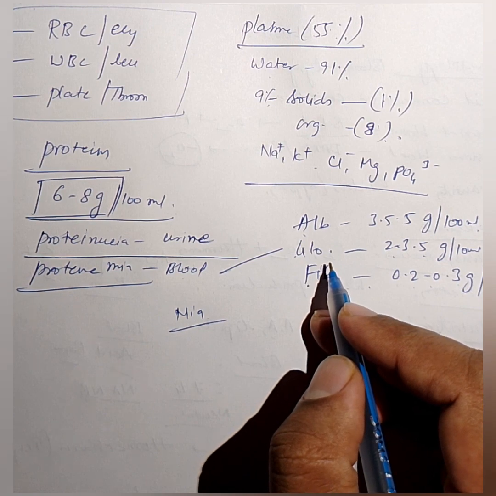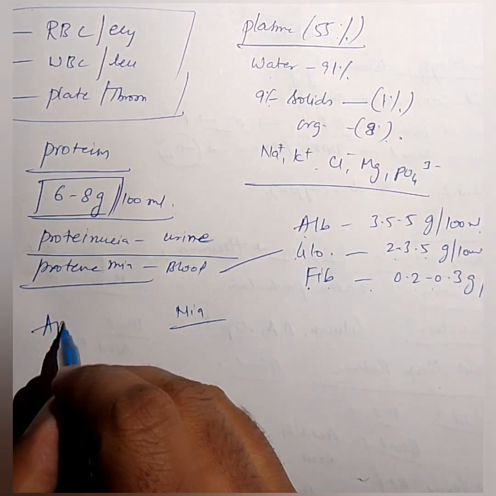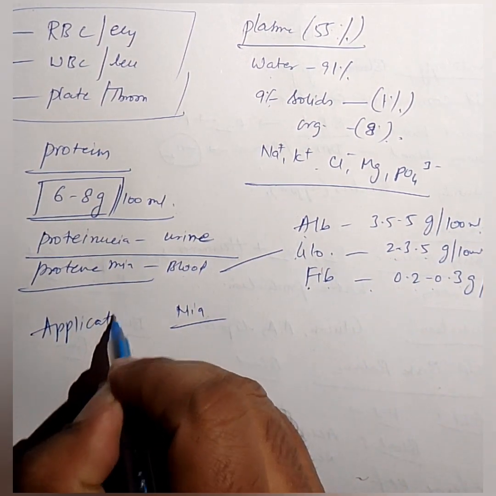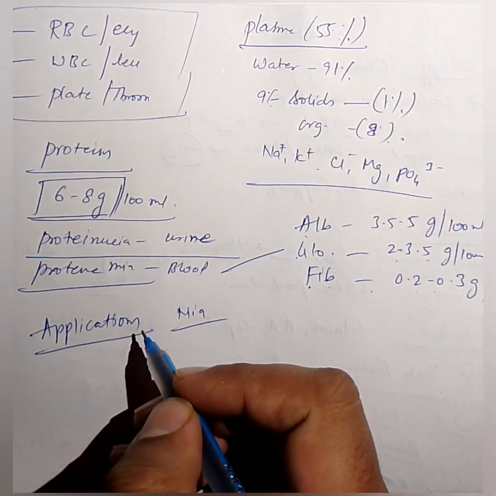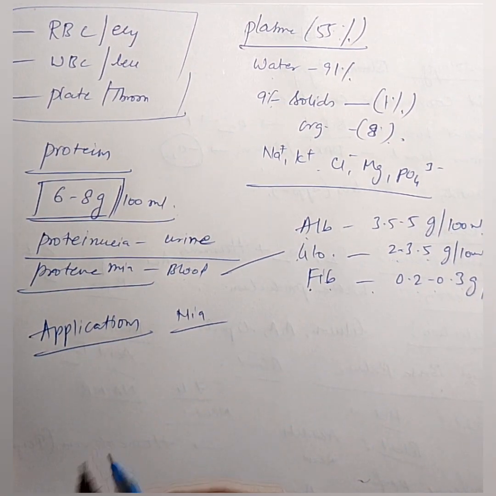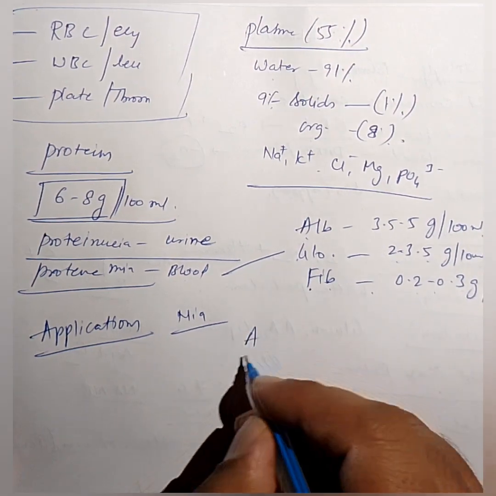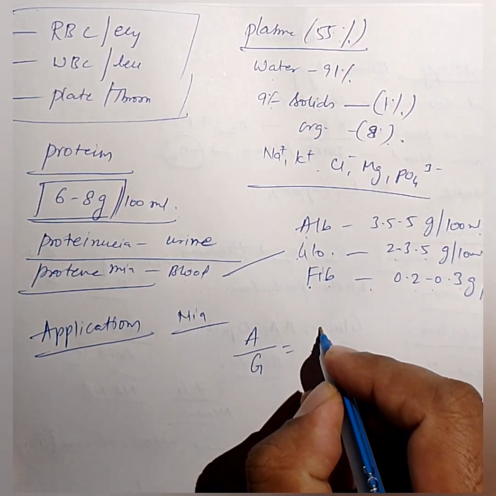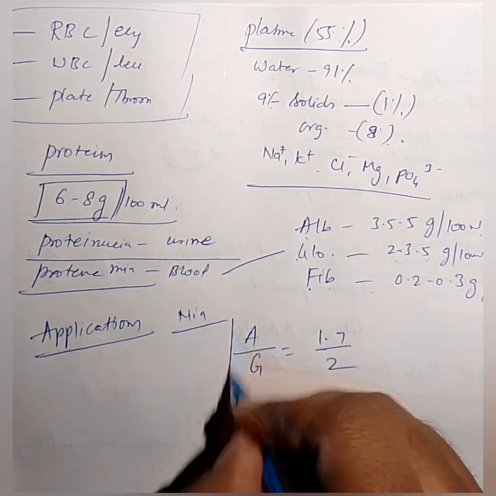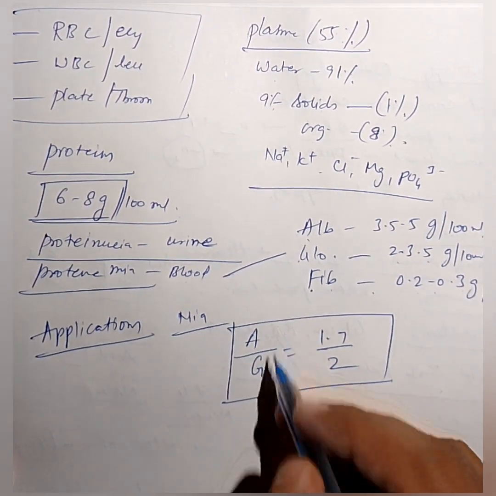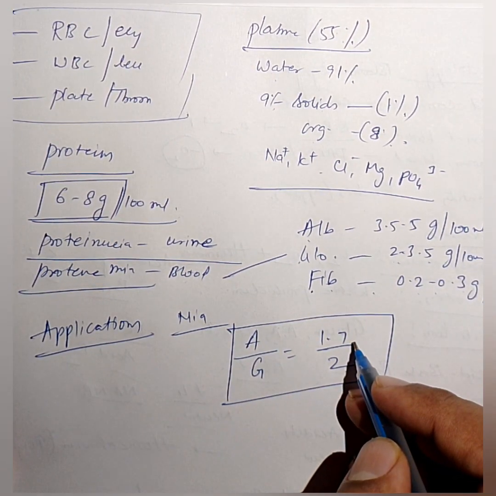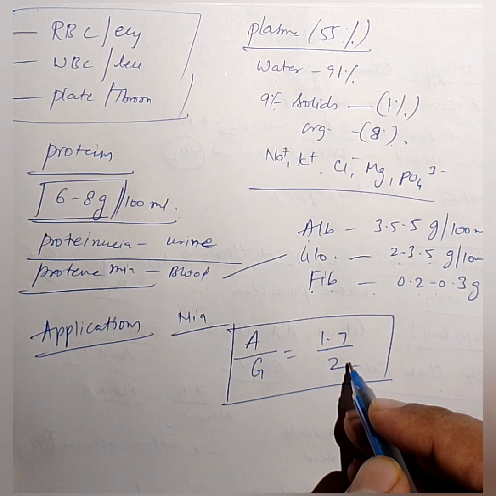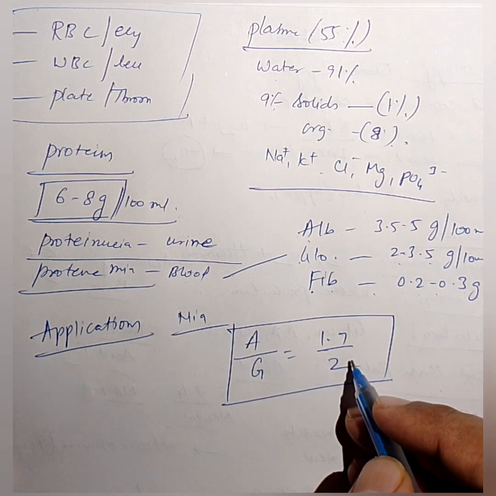Next, we can see the application part of this knowledge of the blood cells. See, in applications, the normal albumin and globulin ratio should be 1.7:2. If it is altered, this will be due to decreased synthesis of albumin.